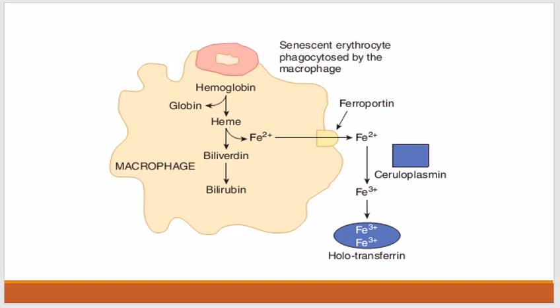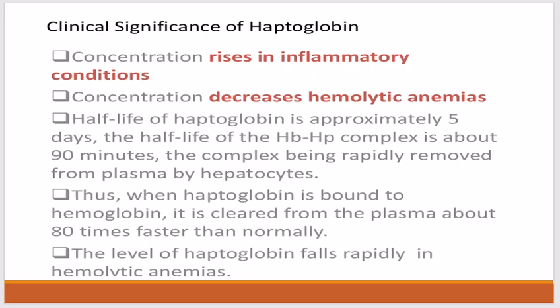It is recycled and forms a major source of iron in the body in comparison to intestinal iron absorption, which contributes only 1 to 2 milligrams of the body's daily requirement of iron. So, it acts as a scavenger for the hemoglobin which is utilized by recycling.